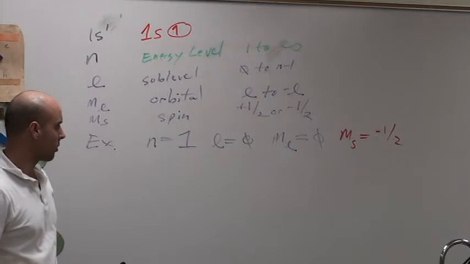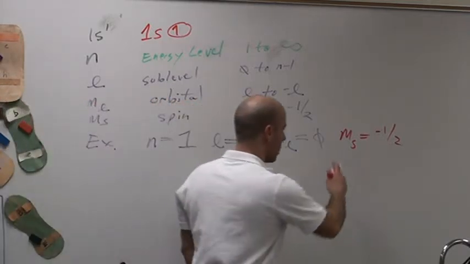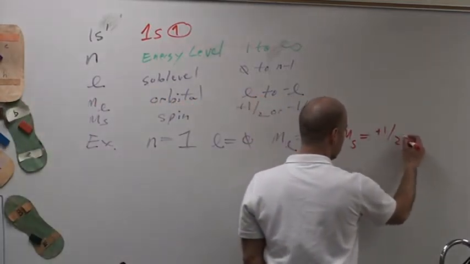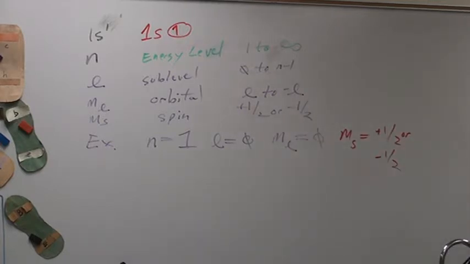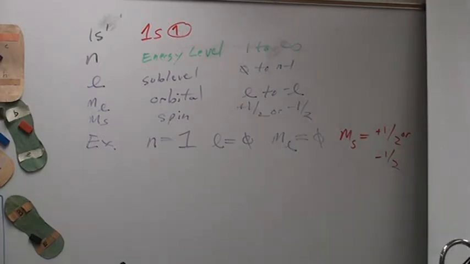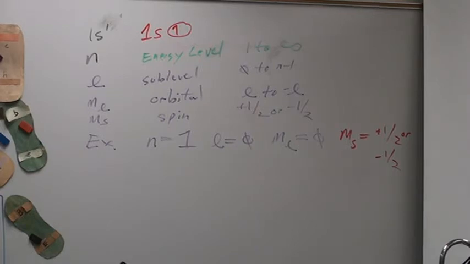So what we have to do with our quantum numbers is we would say +1/2 or -1/2, because it could be either. So there are the quantum numbers for 1s1. And now what we're going to do is transfer that information onto our orbital diagram worksheet.